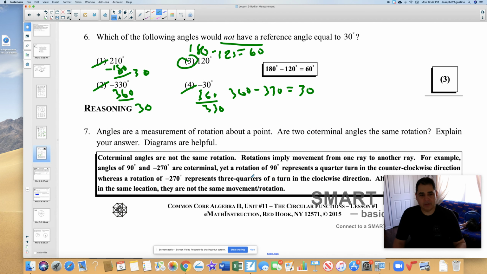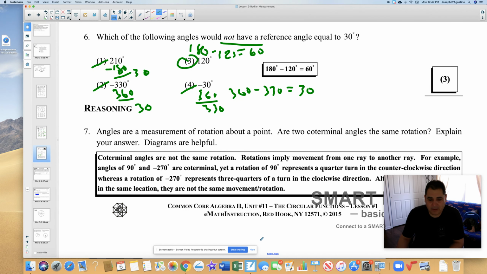All right, number 7. Angles are a measurement of rotation about a point. Are two coterminal angles the same rotation? Explain your answer. Diagrams are helpful. Coterminal angles are not the same rotation. Rotations imply movement from one ray to another. For example, angles 90 and negative 270 are coterminal, yet a rotation of 90 represents a quarter turn in a counterclockwise direction.